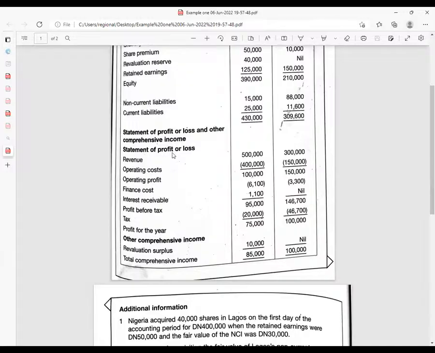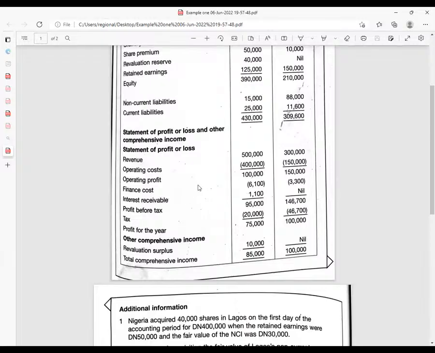So we have, first of all, the statement of profit or loss, and then other comprehensive income. Under other comprehensive income, I have revaluation, and then I'll be bringing in the foreign currency exchange. It also falls under other comprehensive income.